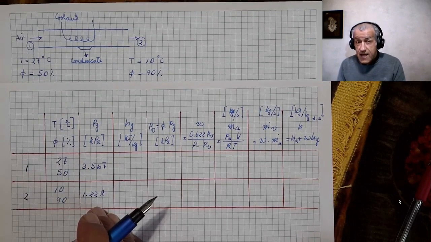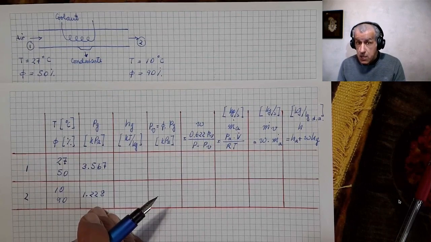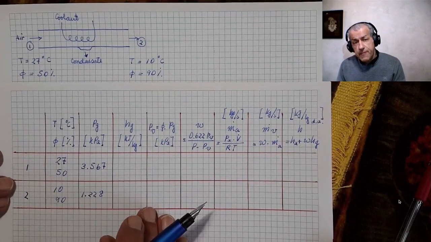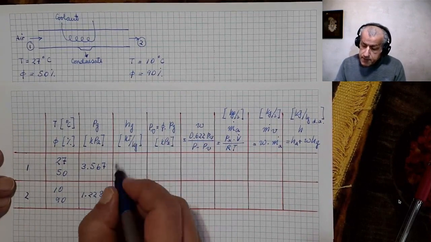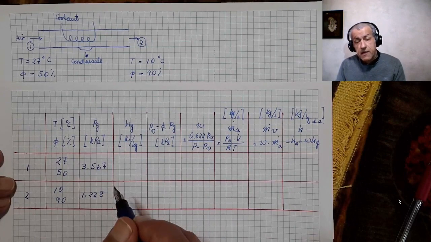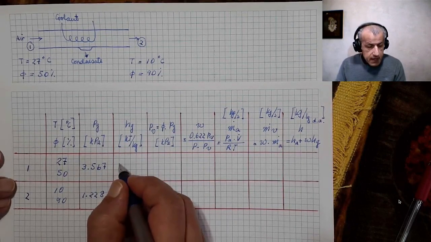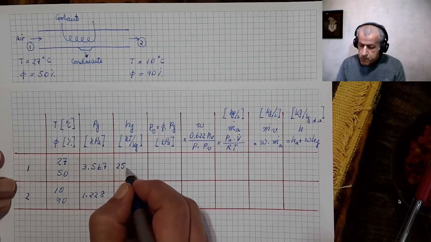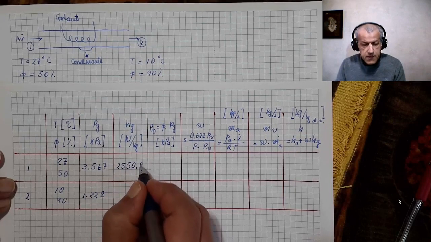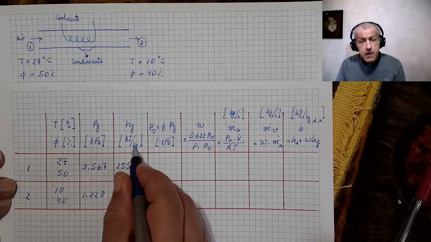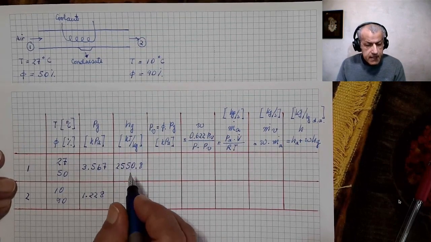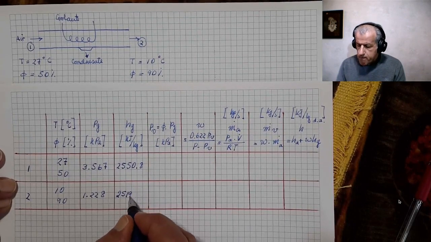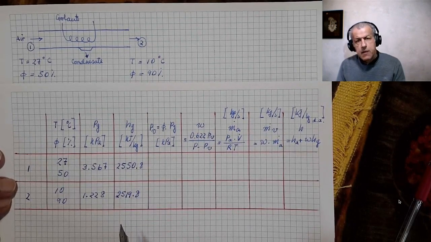In fact, we shall calculate those partial pressures shortly. The other reading we may have from the table is the enthalpy of saturated water vapor. In the case of 27 degrees, it is 2550.8 kilojoule per kilogram, and in the second case, it is 2519.8 kilojoule per kilogram.